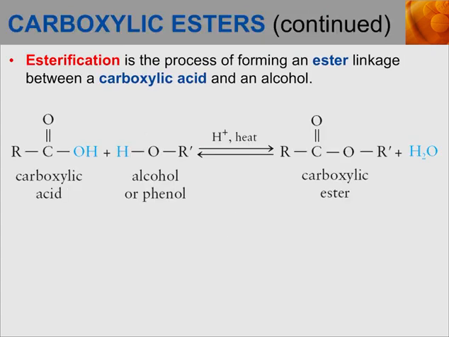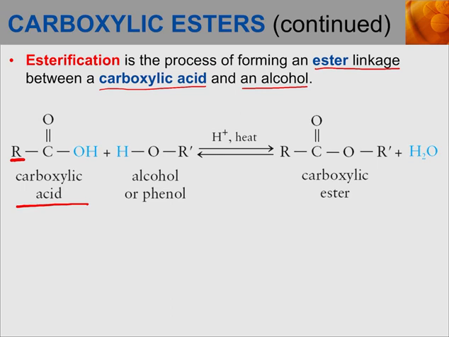So one way that we could make an ester is through what's called esterification, kind of a fancy word for making an ester. So this is the process of forming an ester linkage between a carboxylic acid and an alcohol. So down below, we've got our carboxylic acid on the left, and this R group could be any alkyl group.